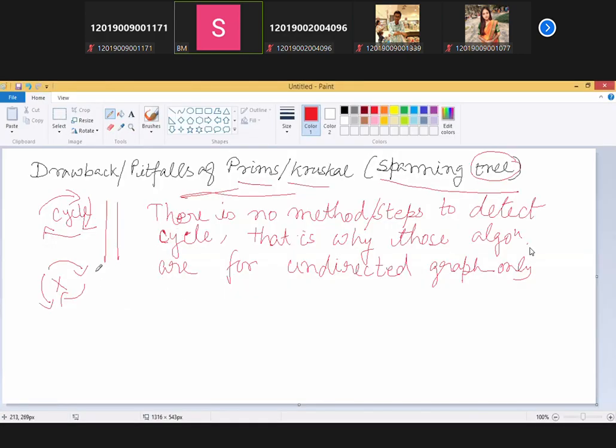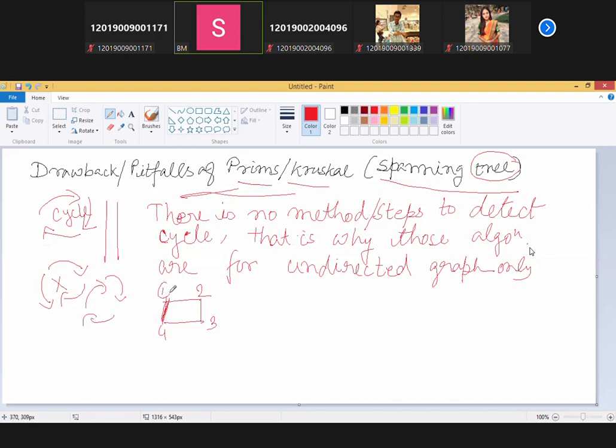So in the last class, when I was discussing all these things, as a human being I have at least a minimum level of intelligence to see where the direction is. But in Prim's and Kruskal, we are not taking any kind of vector or anything else which indicates in which direction it will go. It can detect a cycle if it is 1 to 2, 2 to 3, 3 to 4, again 4 to 1, yes, it can.